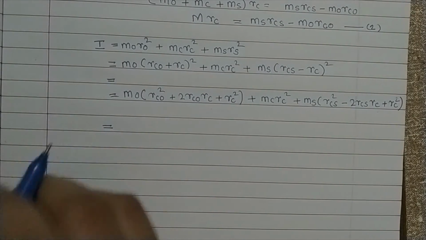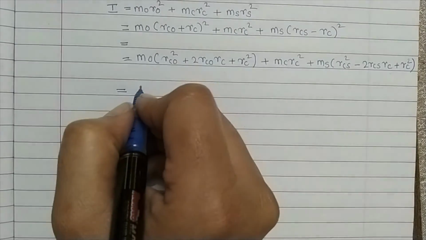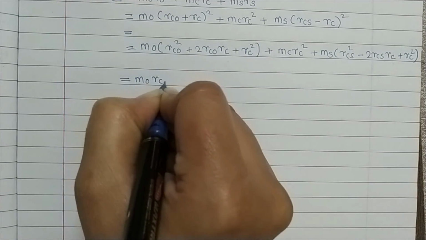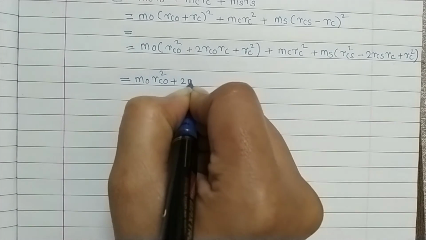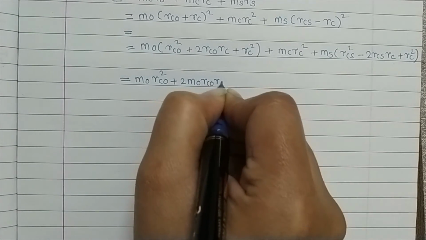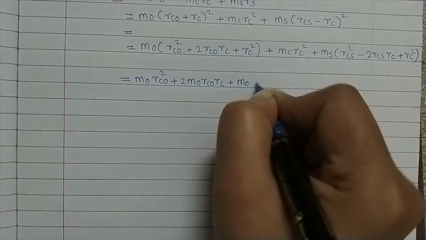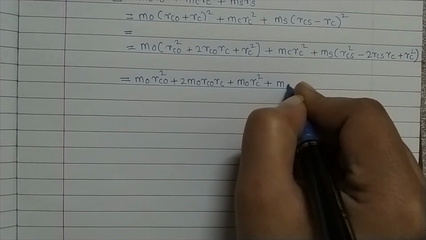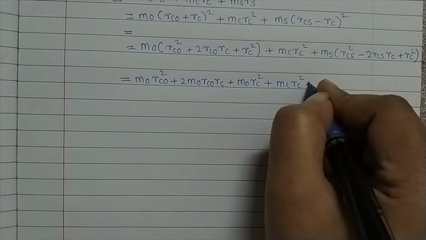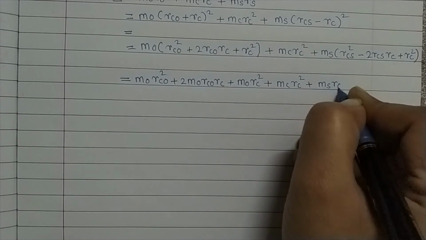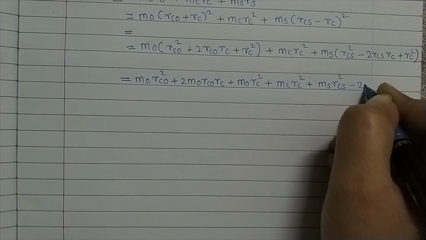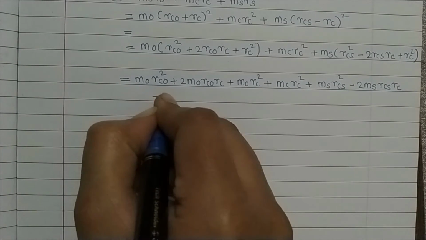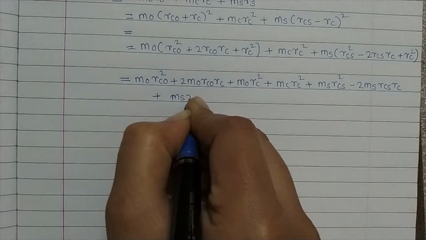Okay, now solving the brackets: MO RCO square plus 2 MO RCO RC plus MO RC square, plus MC RC square, plus MS RCS square minus 2 MS RCS RC plus MS RC square.